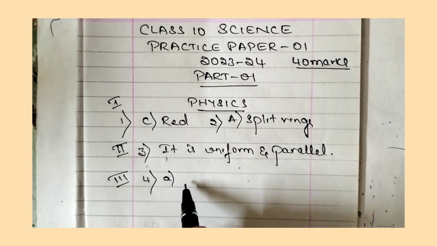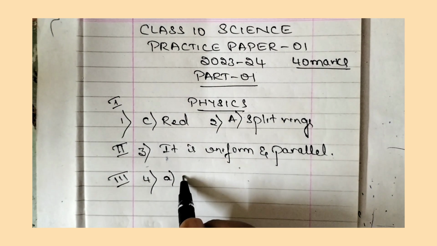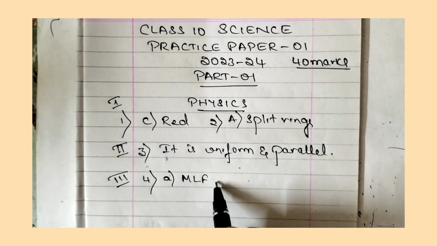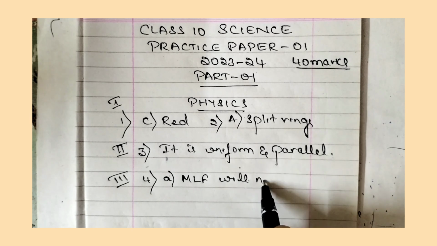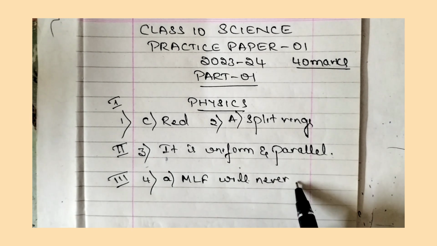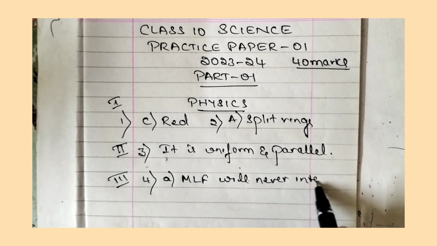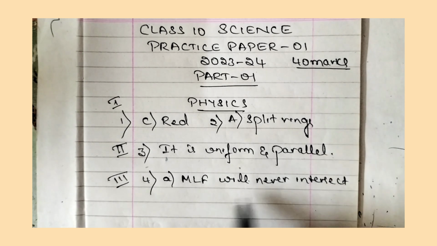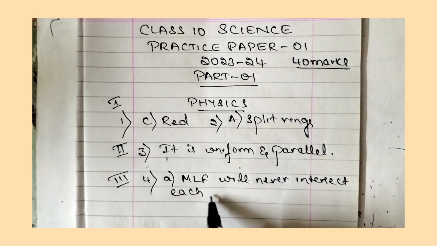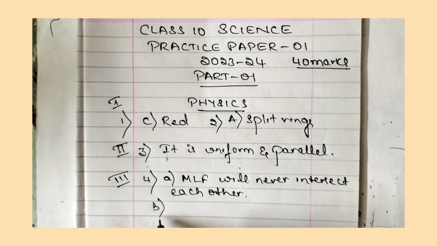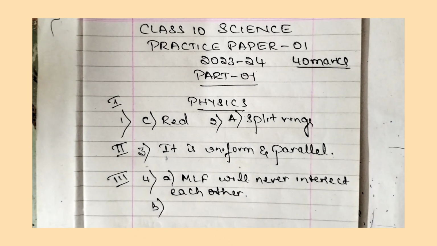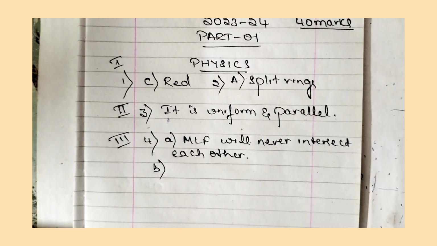Magnetic field lines of force will never intersect each other. This is the first characteristic.